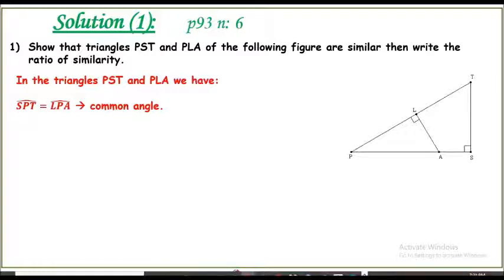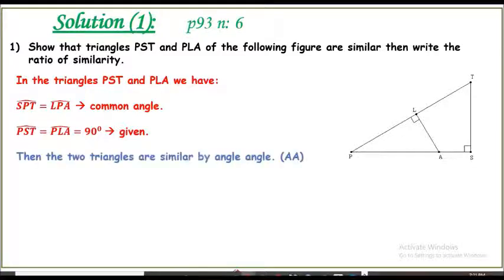Can you tell me what's the second angle? The second angle is PST equal to PLA, which is equal to 90, which is given. So now we proved that these two triangles have two angles respectively equal. So simply I can say the two triangles are similar by the case angle.